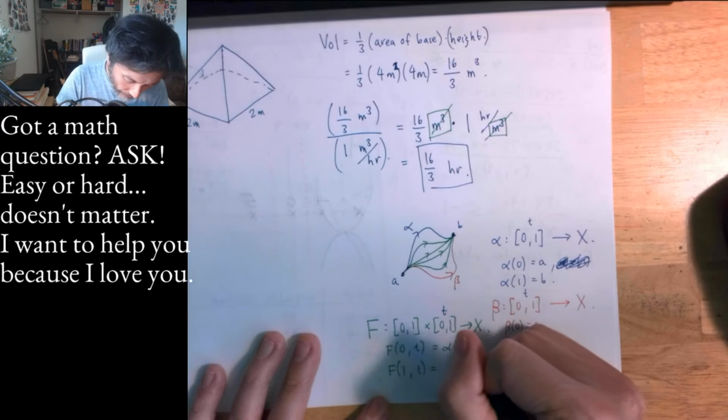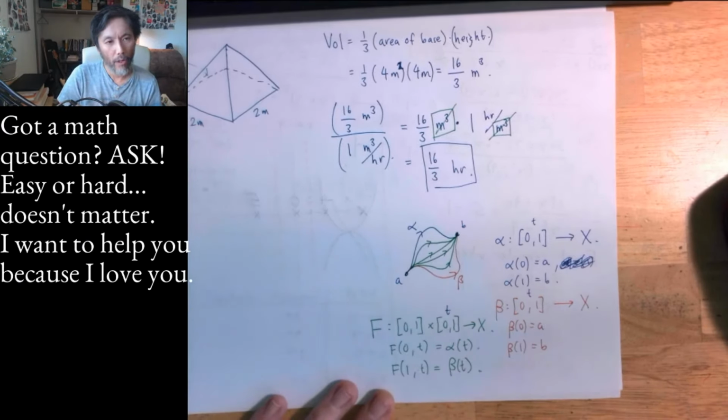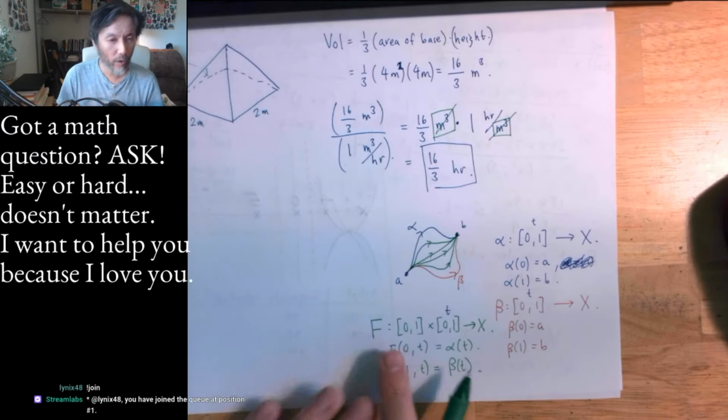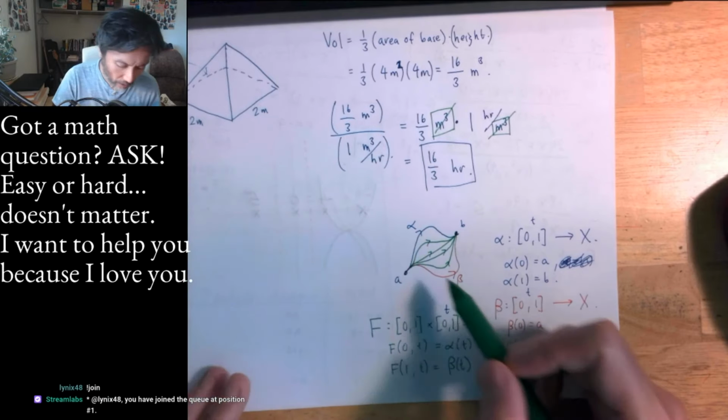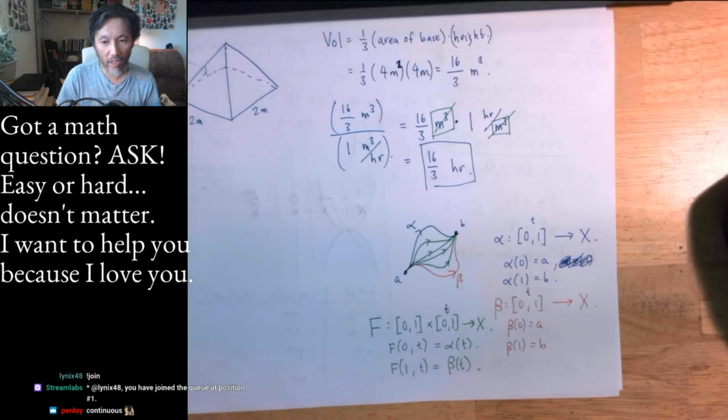We should get beta of t. So what this big F represents is a continuous deformation of the path alpha into the path beta. And if such a thing exists, then we say that these two paths are homotopic.